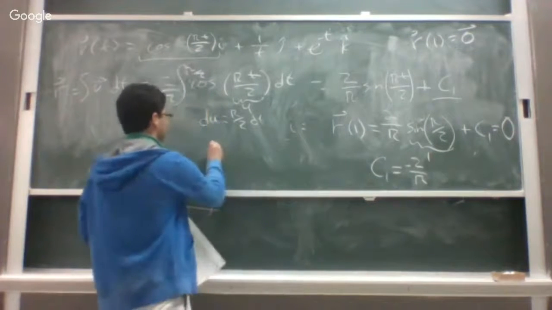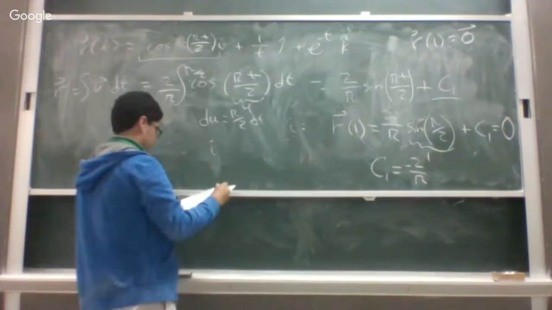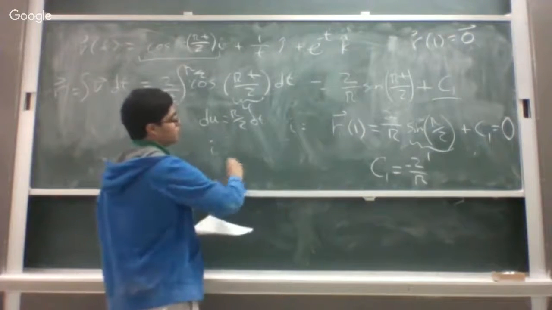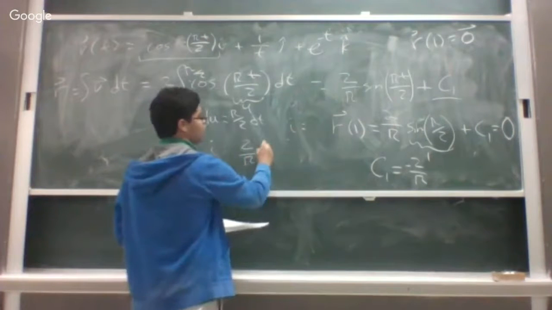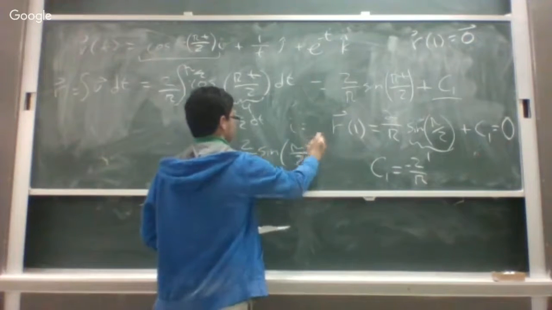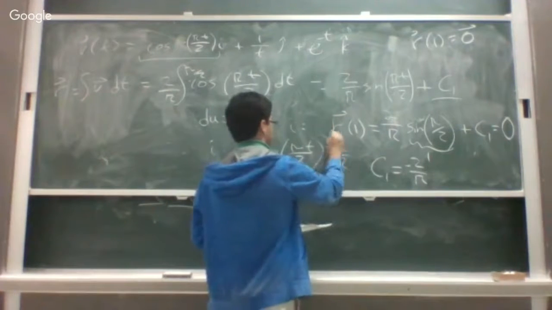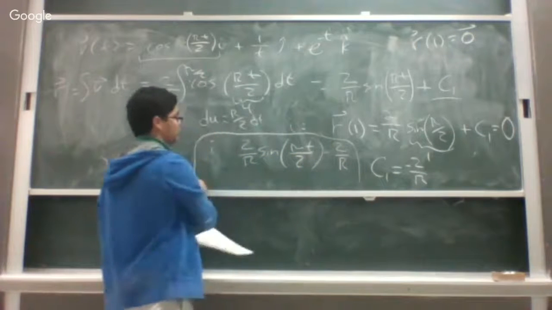So then our i component for the vector r would be 2 over pi times sine of pi t over 2 plus c1, which is minus 2 over pi. So this would just be the i component.